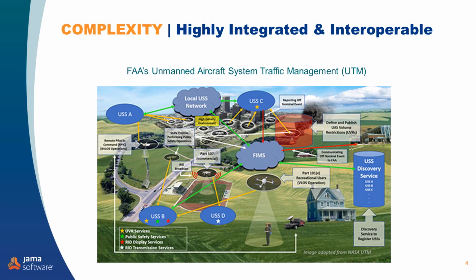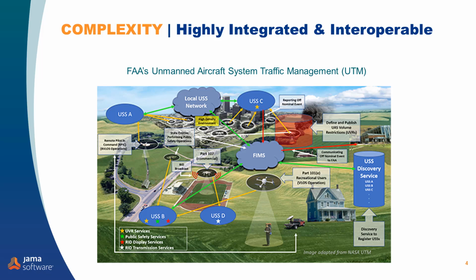In the aerospace and defense industry, developing a new system has complexity that far exceeds commercial product development. For example, the FAA's program to develop the unmanned aircraft traffic management system involves not just the pilot and his drone, but is designed to enable autonomous and semi-autonomous operation of multiple aerial systems, including passenger and cargo delivery, in a tightly integrated civil airspace.